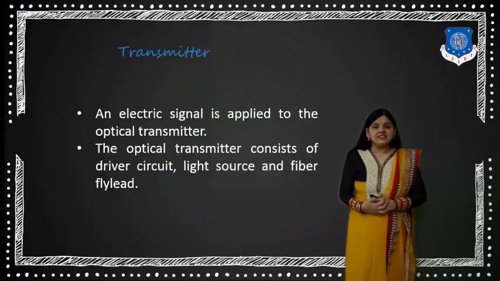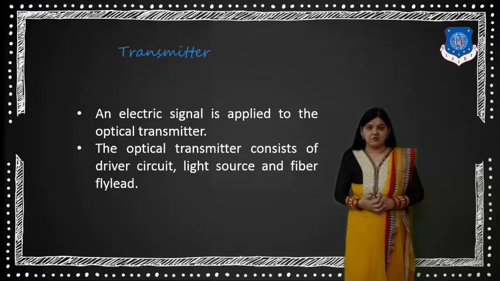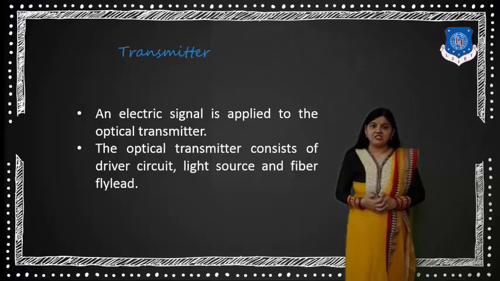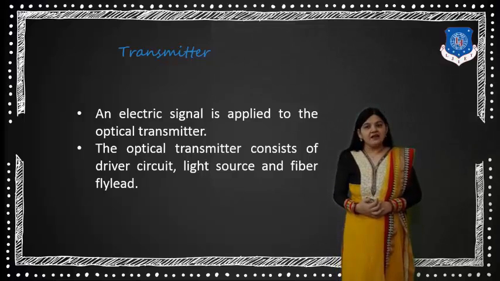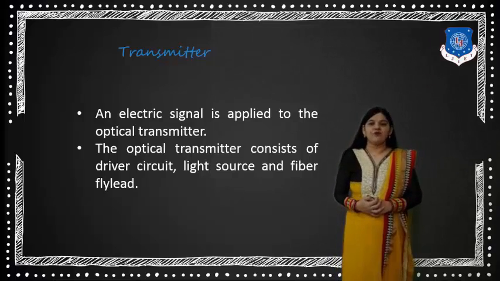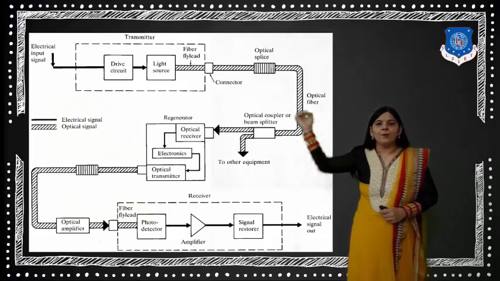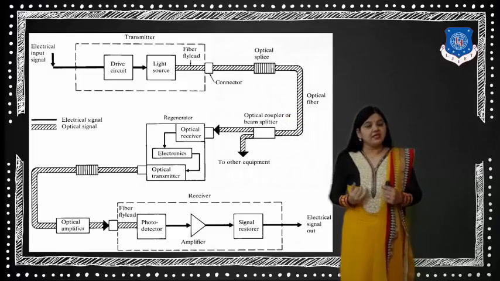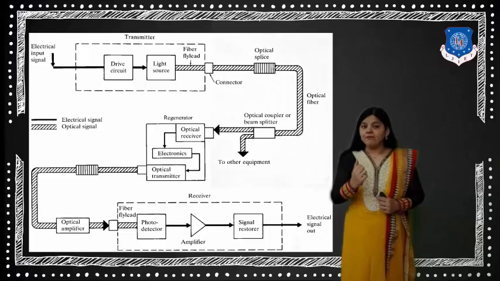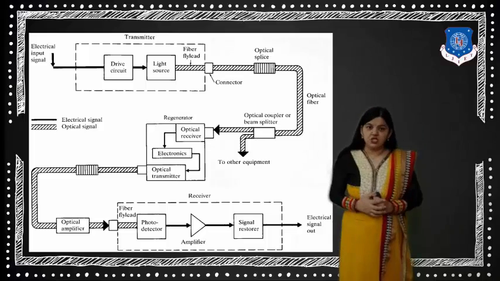The transmitter will transmit the electrical signal, which is applied to the optical transmitter. The optical transmitter consists of the driver circuit, light source and the fiber flylead. Now we know that in the optical transmitter, the electrical signal is there, but the optical transmitter will transmit optical signals only.